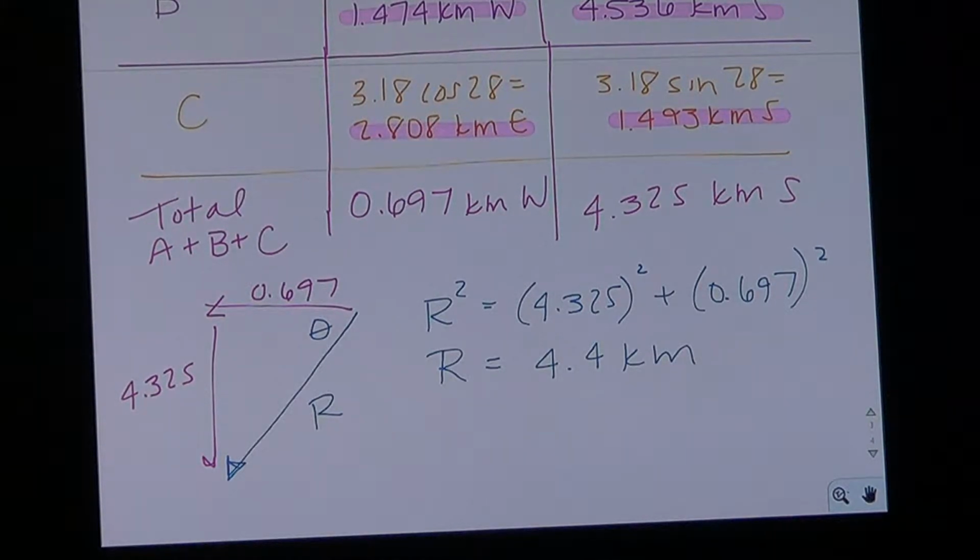And to find theta, we again have the tangent of theta would equal divided by, so we have to take the inverse tangent of that.